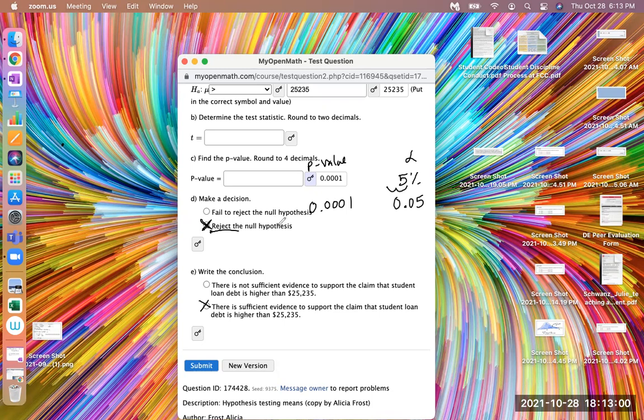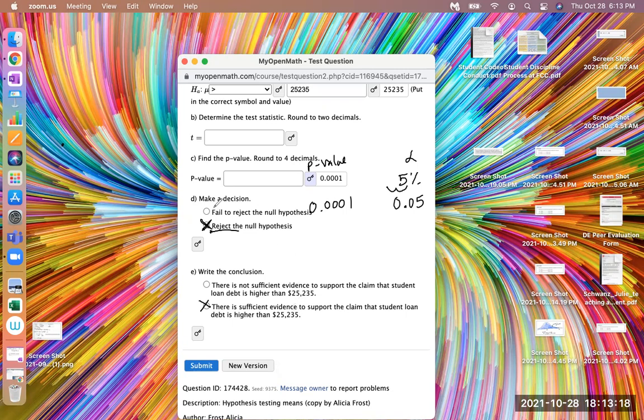So we reject the null hypothesis and we say there is sufficient evidence to support the claim that it's higher than 25,500, 2,235. Gosh, it's hard for me to say that.